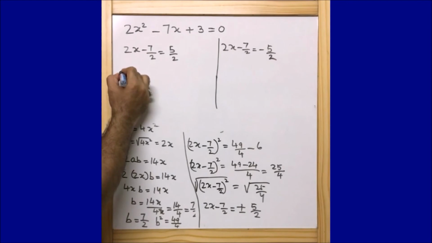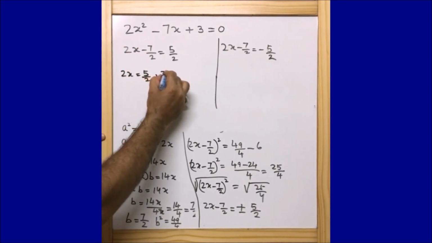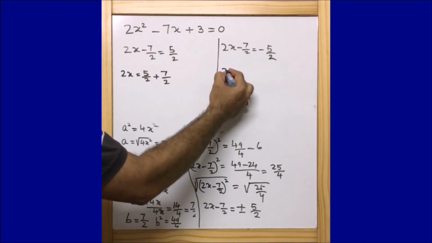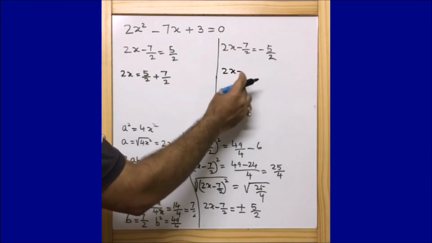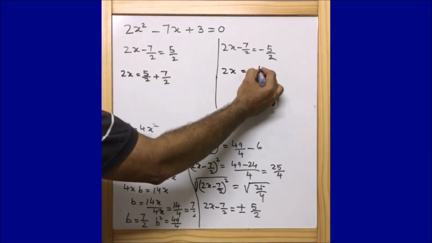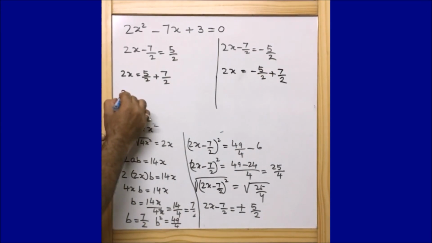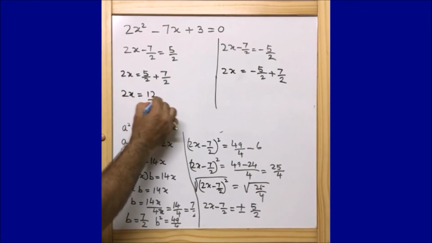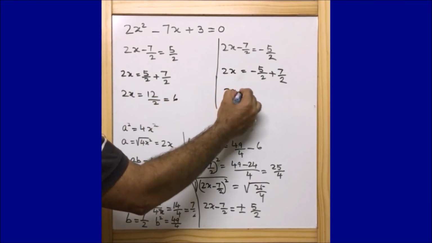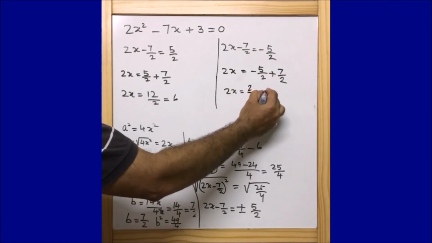Or I can write 2x is equal to 5 by 2 plus 7 by 2, just moving minus 7 by 2 to the right side. Here similarly I can write 2x is equal to minus 5 by 2 plus 7 by 2. Or I can here write 2x is equal to 12 by 2, that is equal to 6. Here I can write 2x is equal to minus 5 plus 7 by 2, that is 2 by 2, that is equal to 1.